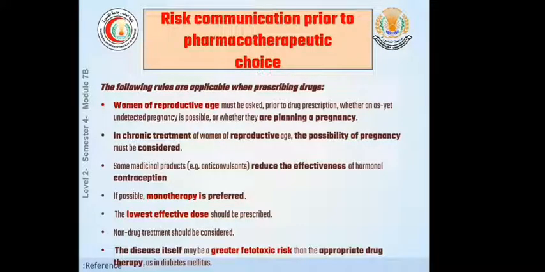These are the following rules that must be applied when you prescribe a drug to a woman who may be getting pregnant. Any woman of reproductive age must be asked prior to drug prescription whether there is undetected pregnancy, whether they are planning pregnancy, or whether they are already pregnant.